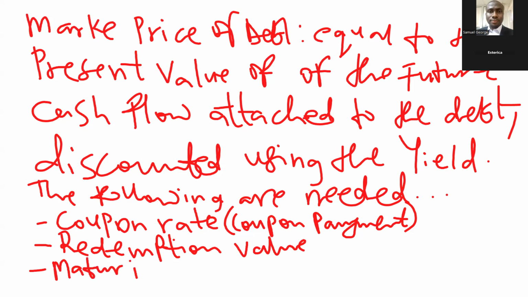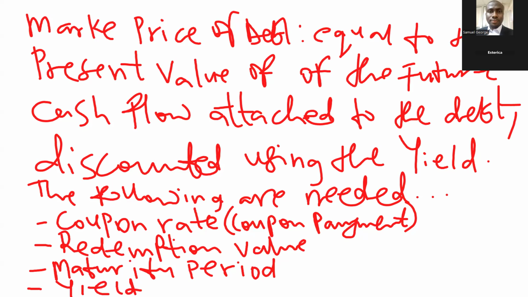The bond you bought from Geregu Power is going to last for how long? 5 years, 3 years, 4 years, 10 years, 15 years, 20 years? How long is it going to last? That's the maturity period. The last one is the yield.